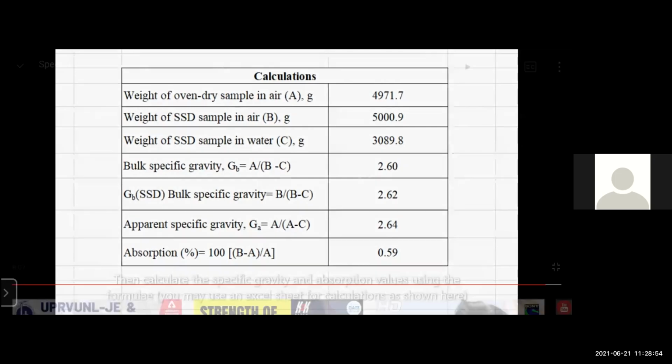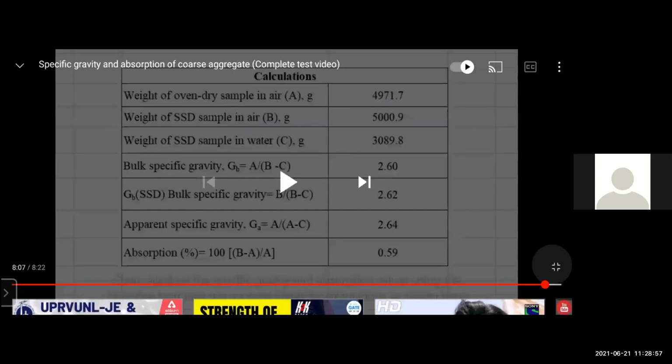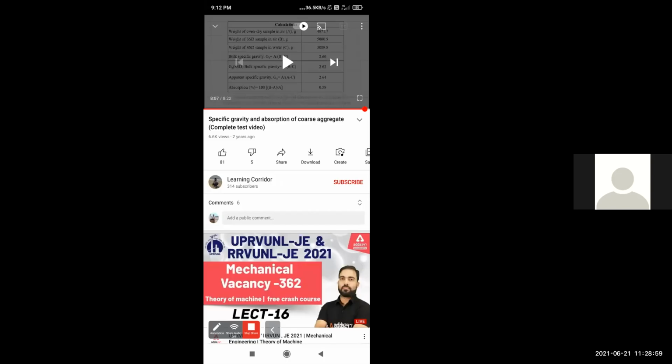So this is all about our test of specific gravity and water absorption.